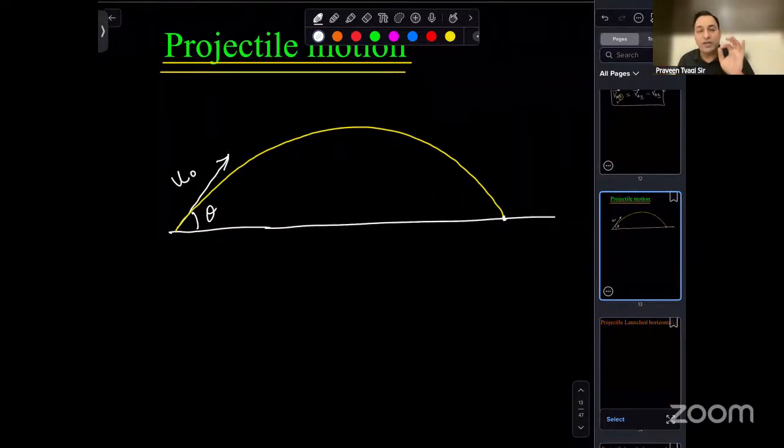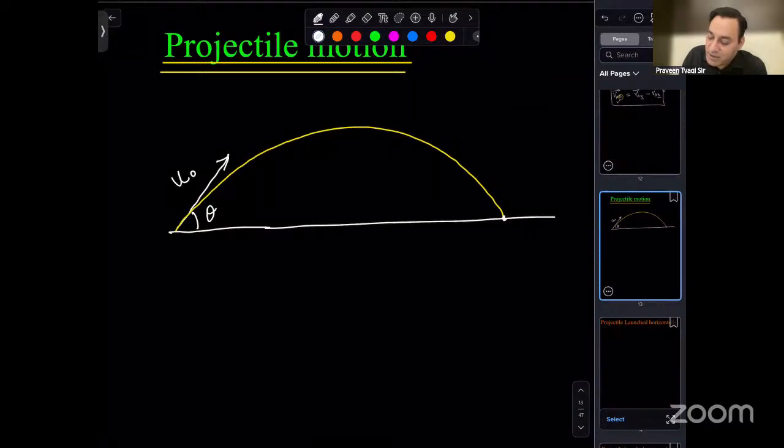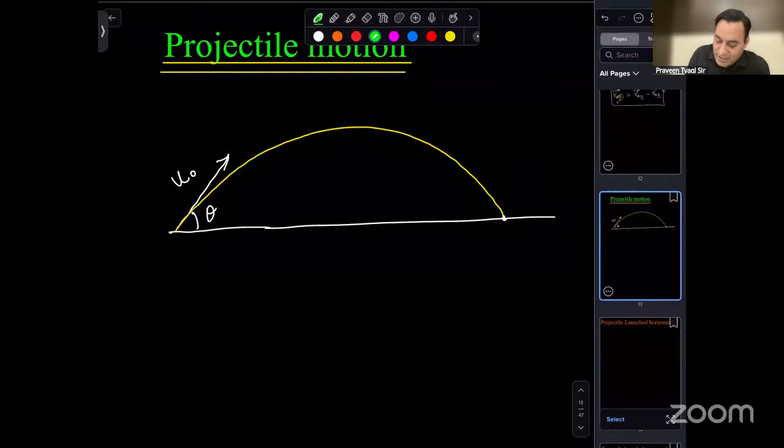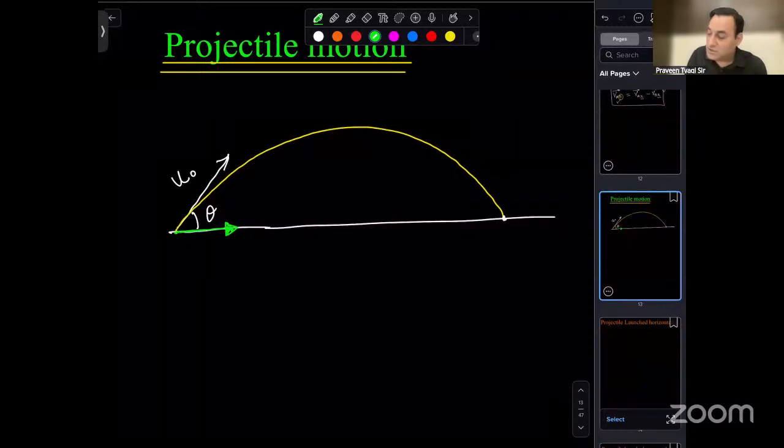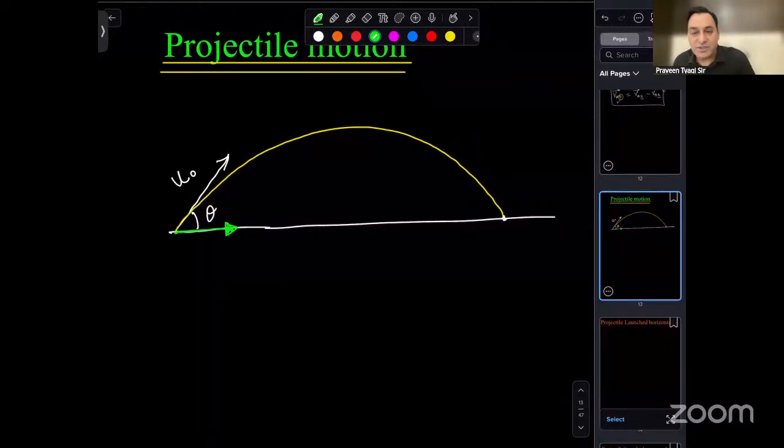All you have to do is learn resolution of vectors. What will be the initial velocity in the horizontal direction? If I want to resolve this vector u naught into the horizontal direction, how much will it be? Yes, u cos theta.